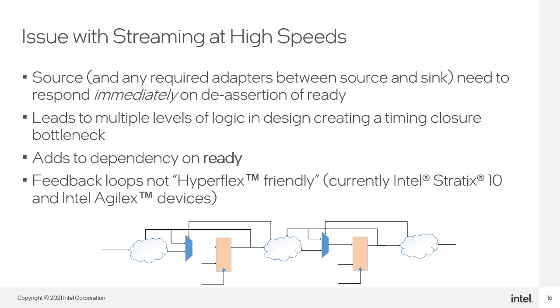This leads to extra levels of logic, which in turn could cause timing closure issues due to the feedback loops themselves and the dependence on ready. Feedback loops are not Hyperflex friendly, meaning that in Hyperflex architecture devices, it is difficult, if not impossible, to optimize loop performance while maintaining the correct functionality of the loop.